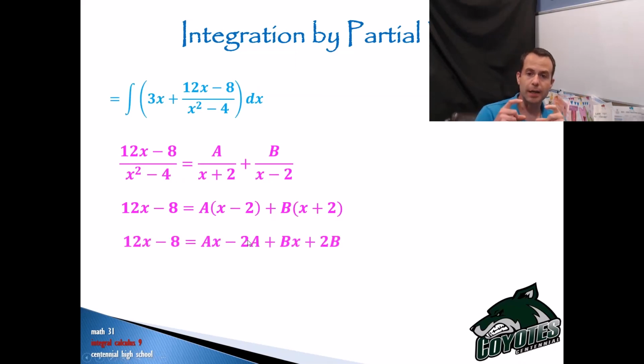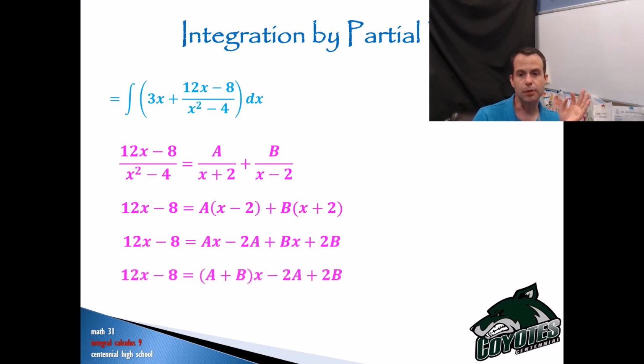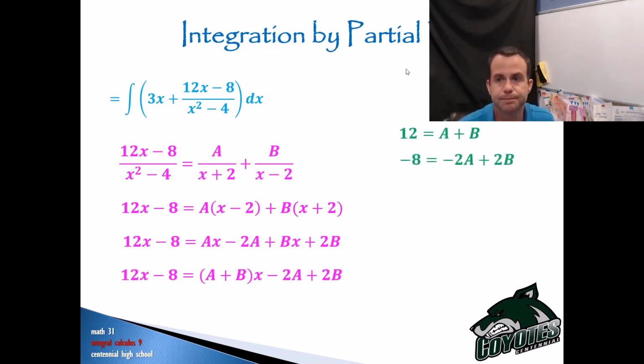Put your a and b's together and factor out the x. And then put your non-x's together so that we can create those two statements, one that involves x and one that involves not x. So I know that 12 will have to equal a plus b, and negative 8 will have to equal negative 2a plus 2b. Okay, so now I'm going to go ahead and solve that either by substitution or elimination.